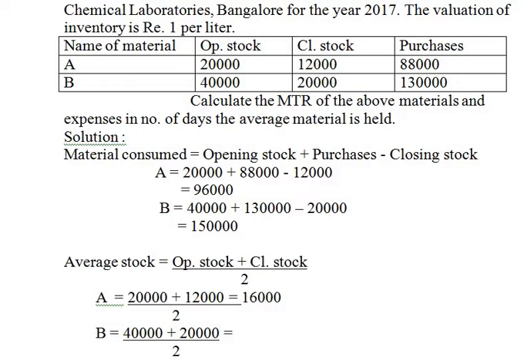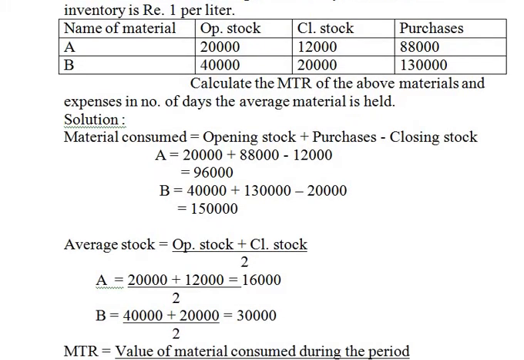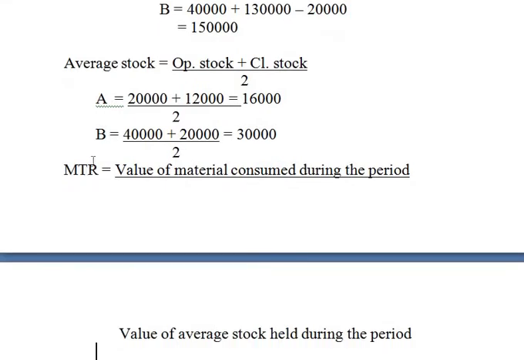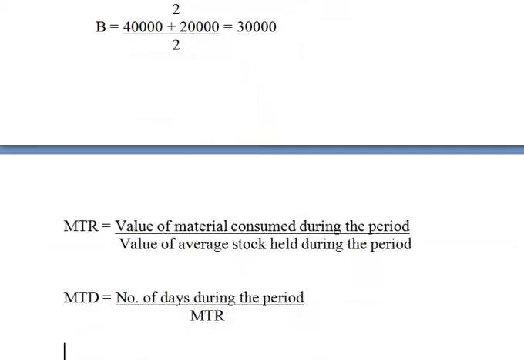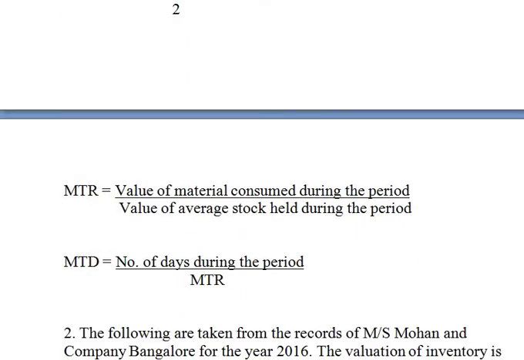So that will be equal to 30,000. So these two are working notes. We have calculated material consumed as well as average stock. Our next step is to calculate material turnover ratio. Write down the formula: material turnover ratio is equal to value of material consumed during the period divided by value of average stock held during the period.